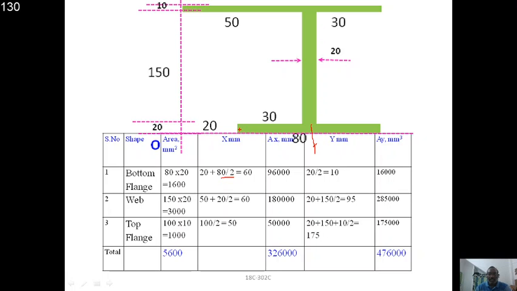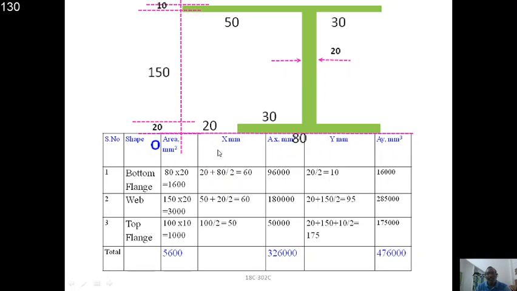But the starting portion of the bottom flange is not aligned with respect to the origin, so we need to add that extra distance 20. Therefore 20 plus 80 by 2.